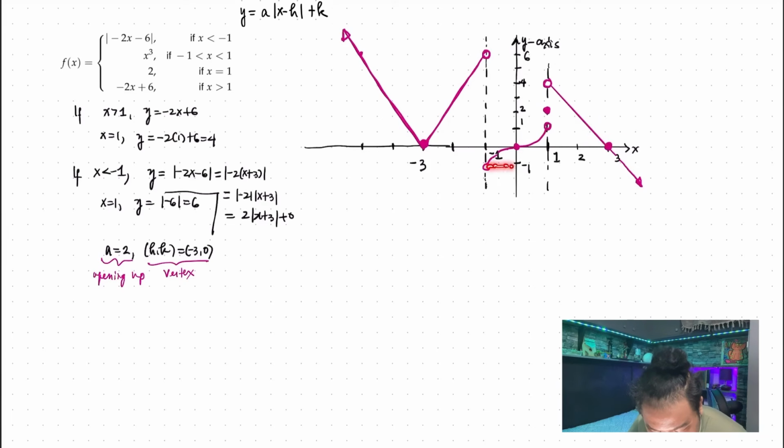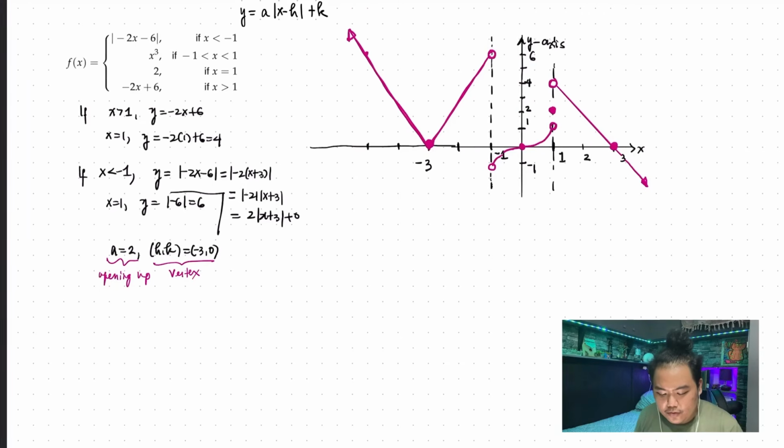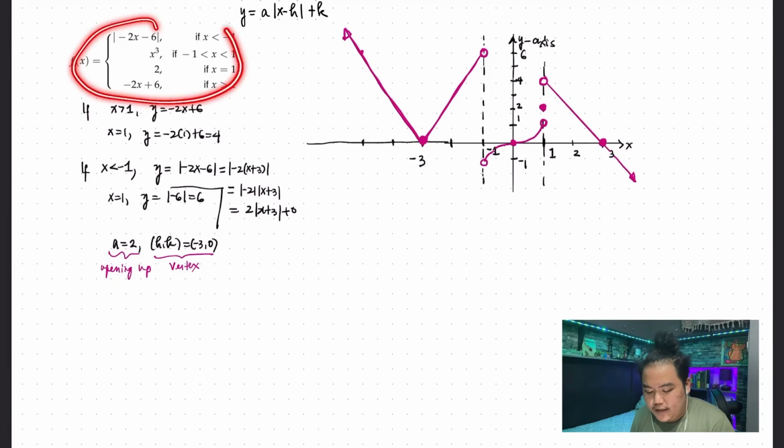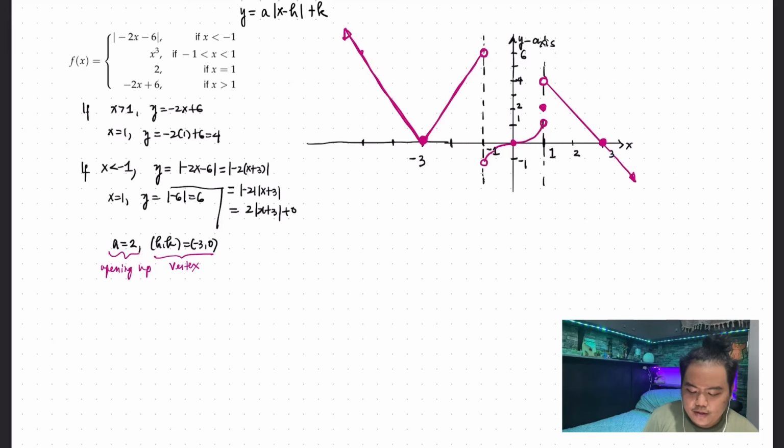Tapos ito tumatama doon, ha? Ito sa 1, sa 2, sa 4, sa 6. So, yan yung graph nung piecewise defined function na yon. Okay, itong lahat nung naka-pink.